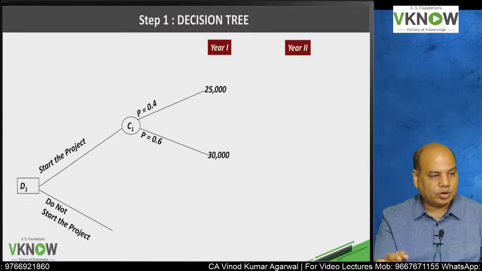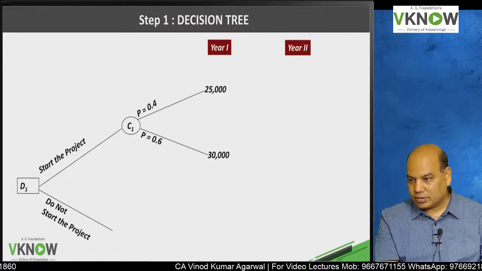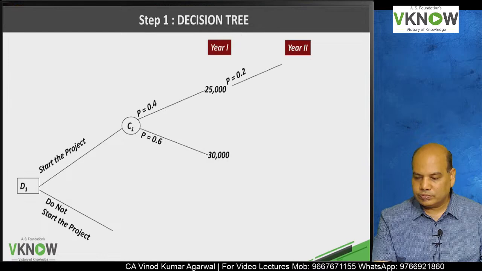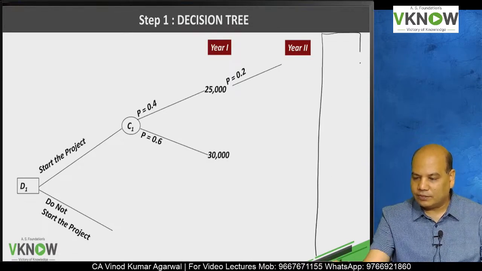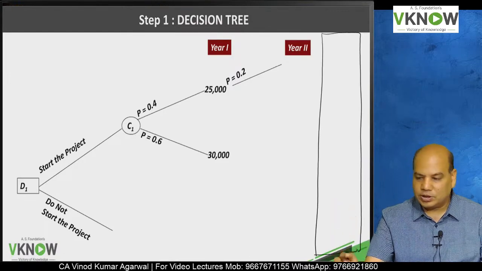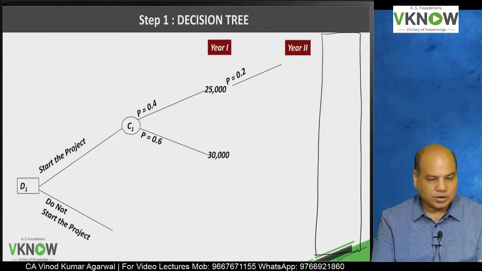Both numbers should be on a straight line, one below the other, and it should come below year 1. Year 2, and you need some space here also, I need half inch space here also, so don't go to the extreme corner of the page, keep 1 inch blank on the extreme right side of the page.